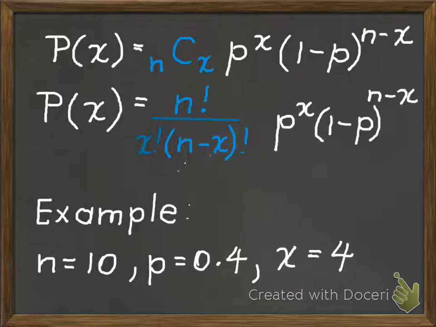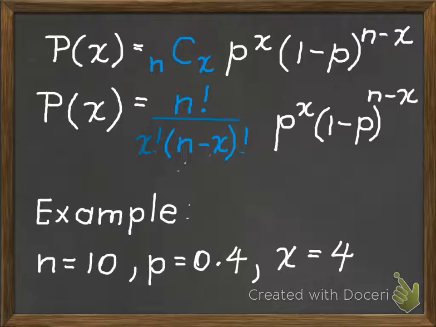Now, this can be otherwise written replacing the combination with what it means, which is n factorial divided by x factorial times n minus x factorial. And then the rest is the same.